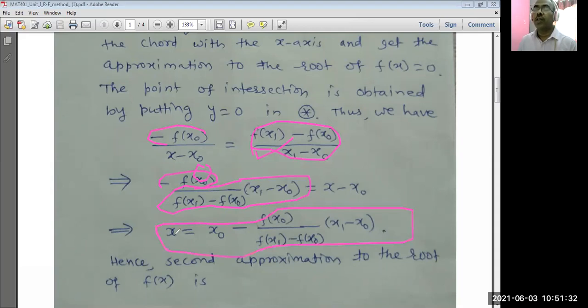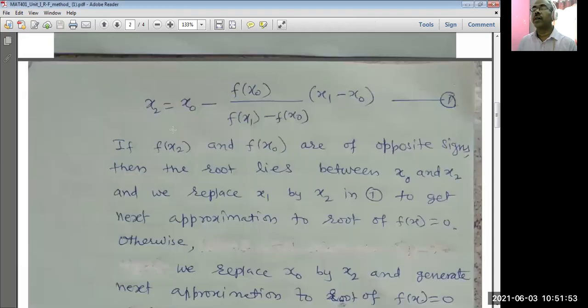Here we denote x by x2. So x2 will be x0 minus f of x0 divided by f of x1 minus f of x0, times x1 minus x0. This is the value of x2. So write x2 in this way, equation number one.